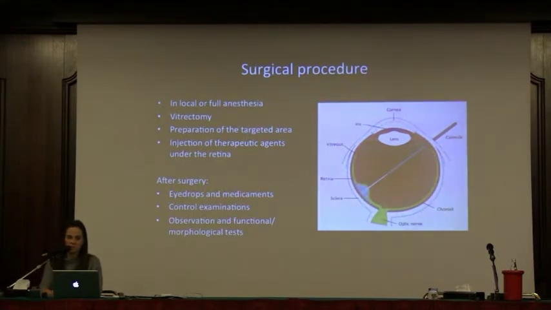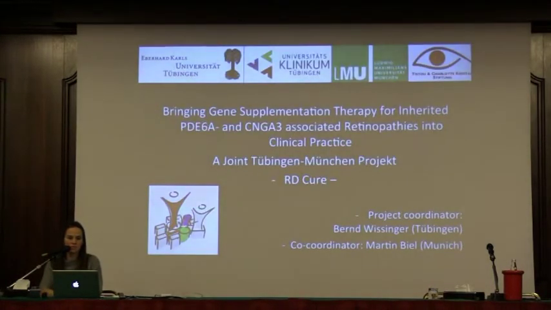Now, in our special case, what we would like to do is to establish a gene therapy for patients suffering from achromatopsia who have a specific mutation in CNGA3. As you can imagine, gene therapy can only be done in those cases where we know exactly what the problem is, where the mutation is, because otherwise we cannot fix it.